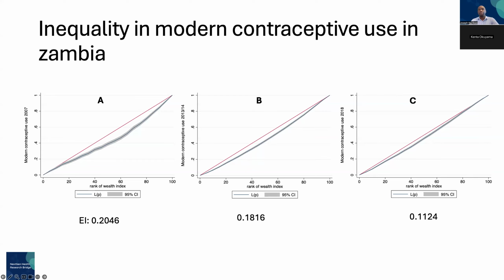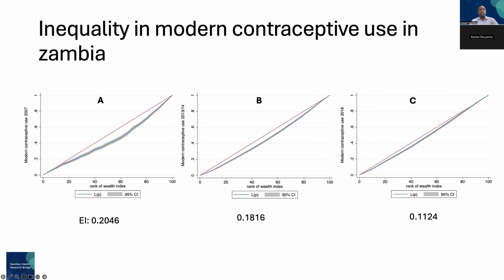And the interesting part was when you visually inspect the curves, from A to C, where A was 2007, B was 2013, 2014, and then C was 2018.